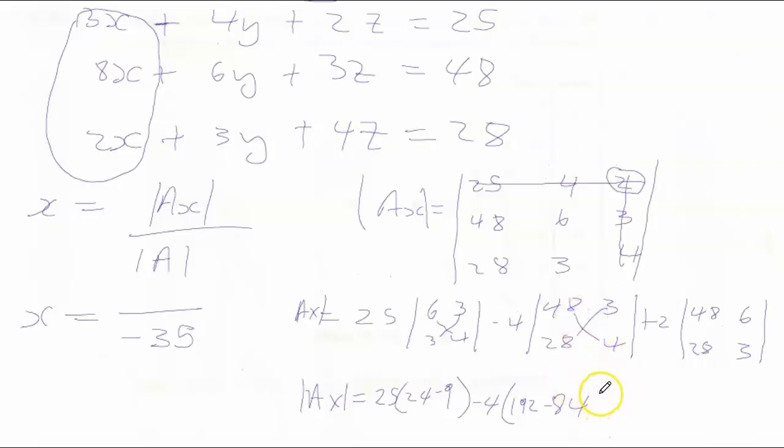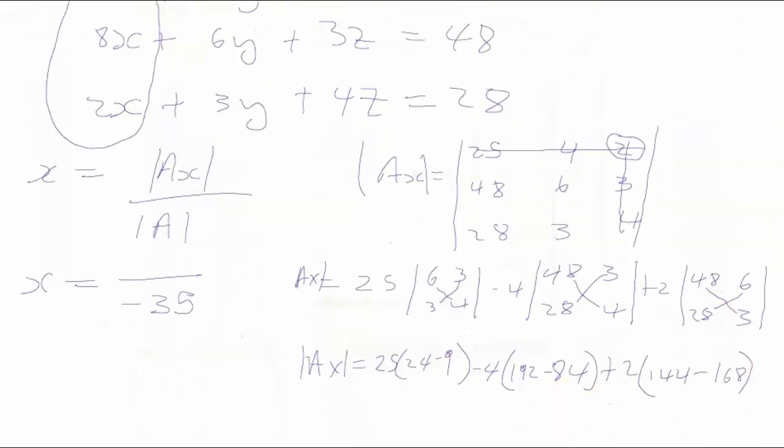And the final, plus 2 into 3 times 48, which is 144, minus 6 times 28, which is 168. And this works out to give the determinant of AX.